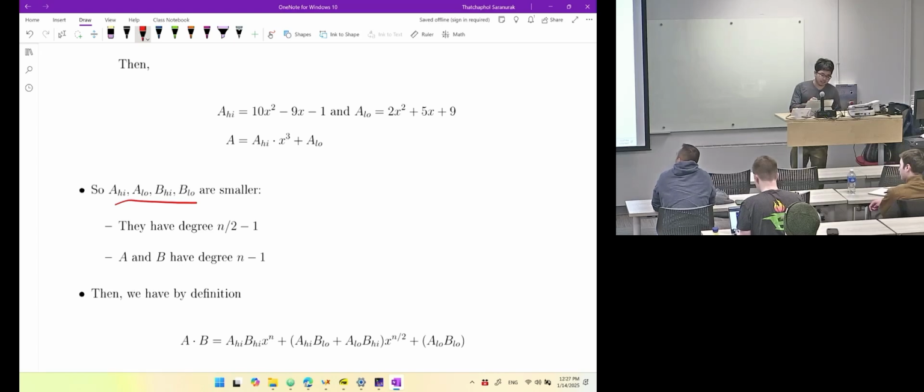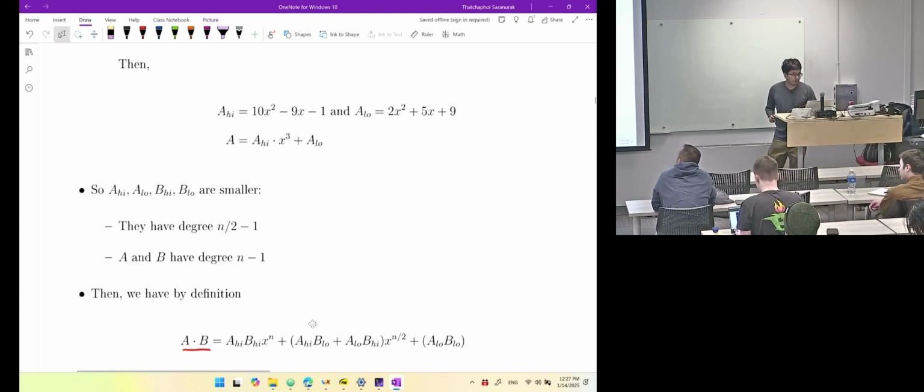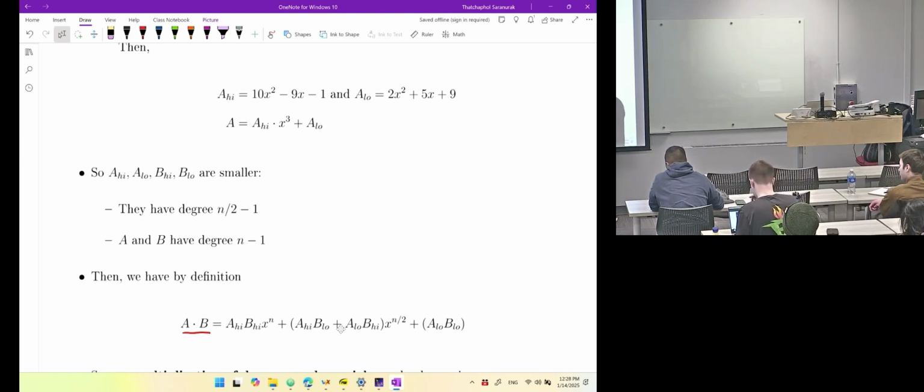Now if I want to compute A times B, I can write it like this too. When you multiply A and B together, you can write A high times B high times x to the n, and so on.